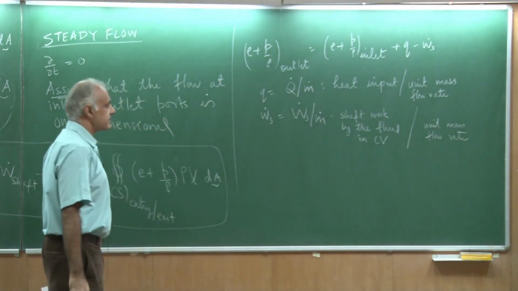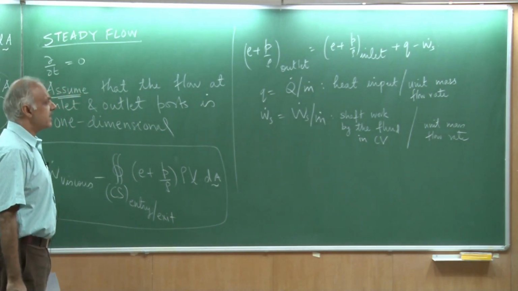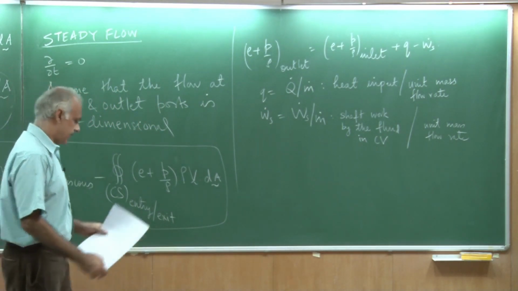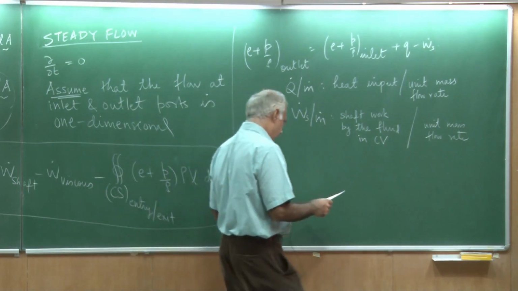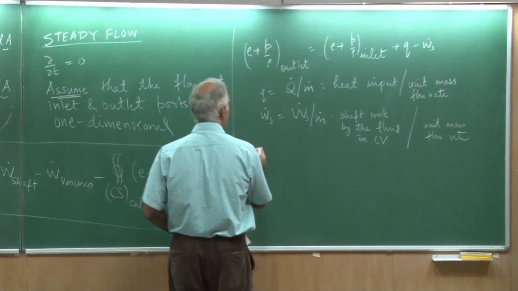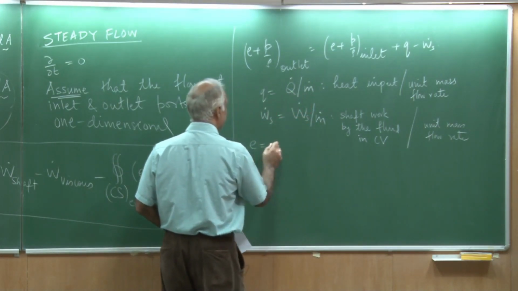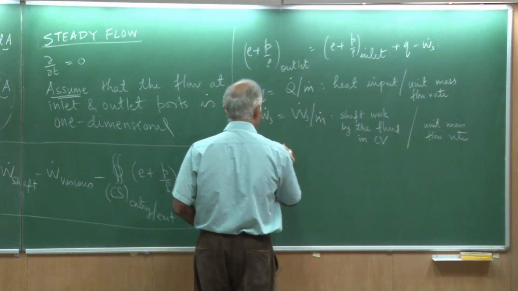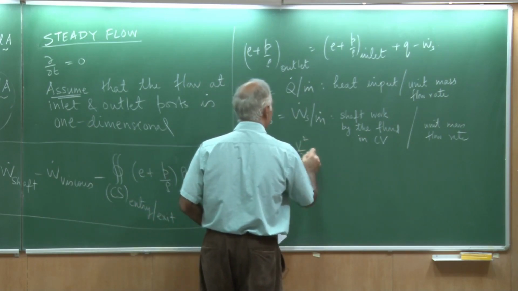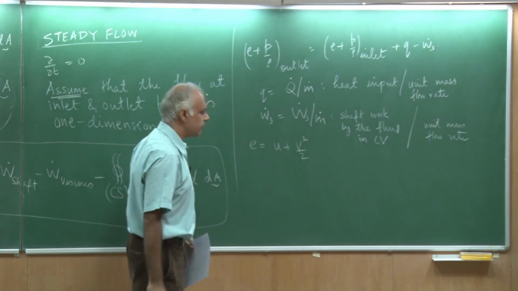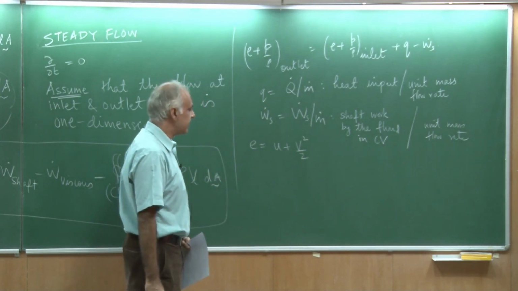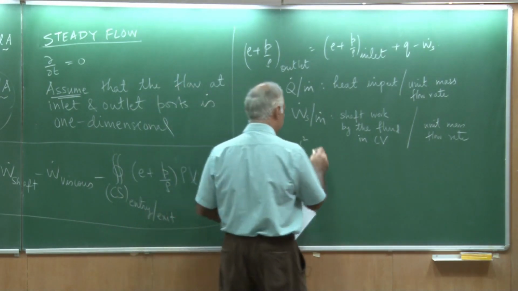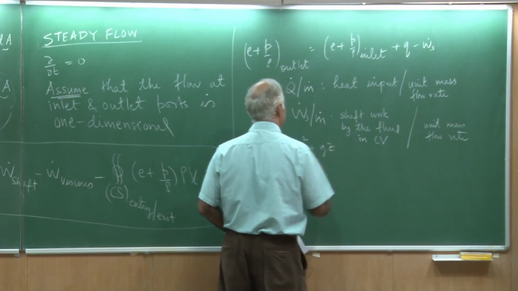Okay. So I get this very simplified thing, and then I can write that E is actually simply U plus V square by 2. Because now I don't have to worry about V dot V, it's a scalar V, one dimensional, and plus gz.